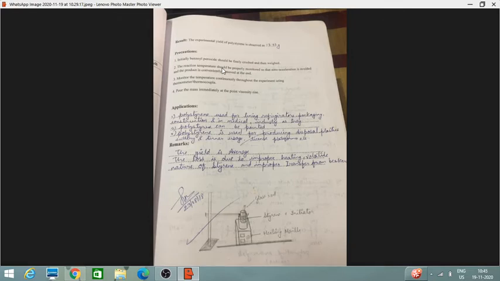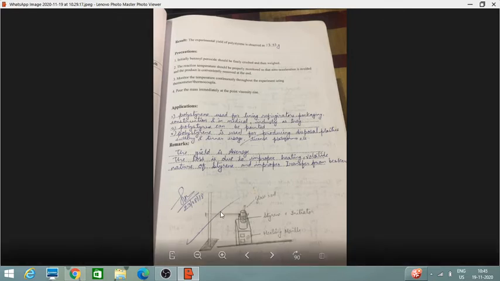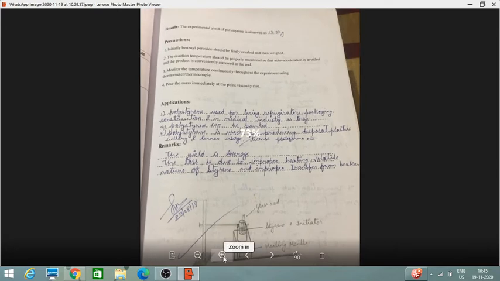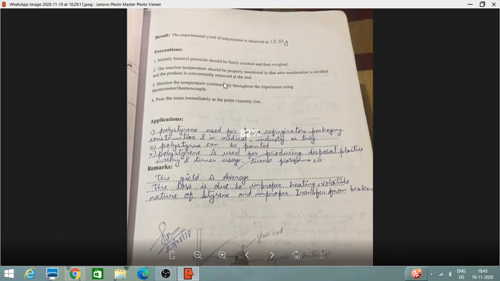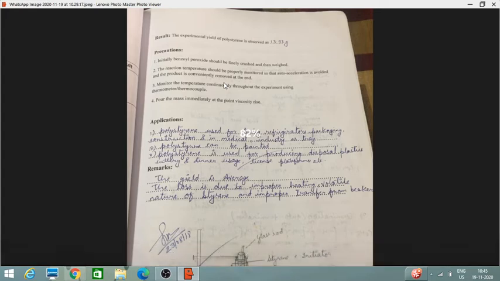Precautions: initially, benzoyl peroxide should be finely crushed and then weighed. We already have this finely crushed benzoyl peroxide. The reaction temperature should be properly monitored so that auto acceleration is avoided and the product is conveniently removed at the end. You know the auto acceleration problem in bulk polymerization. That is one of the disadvantages.